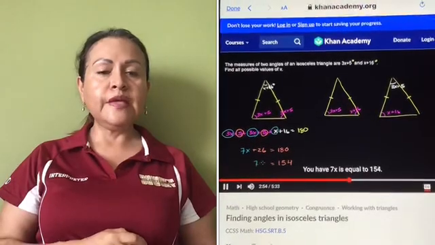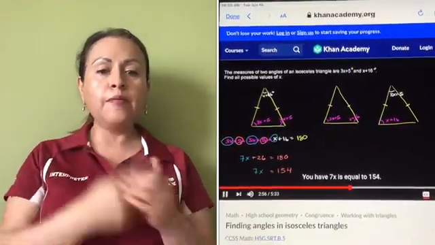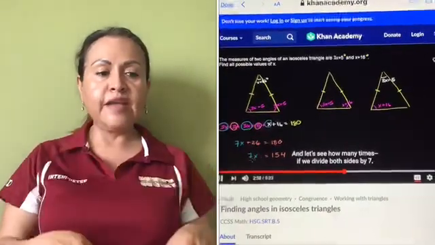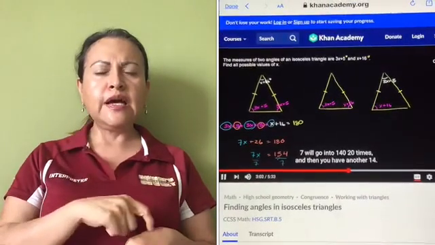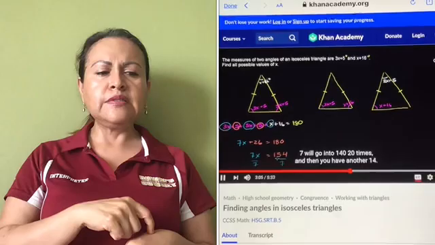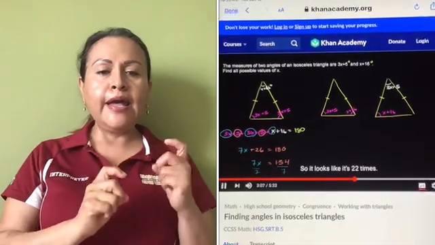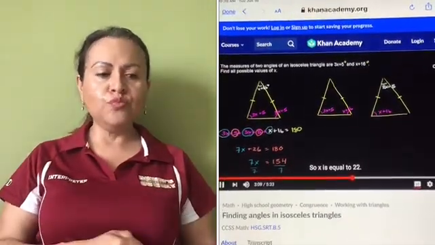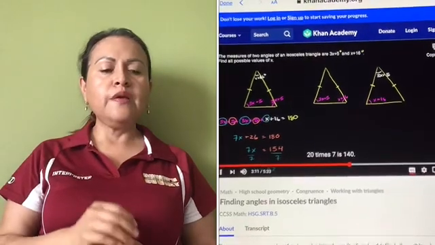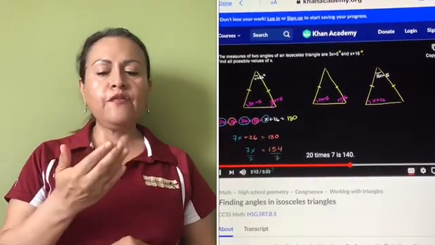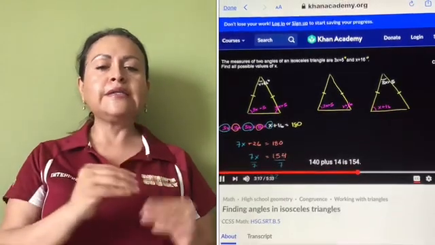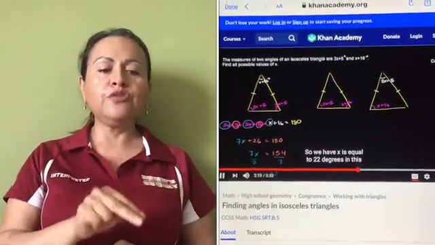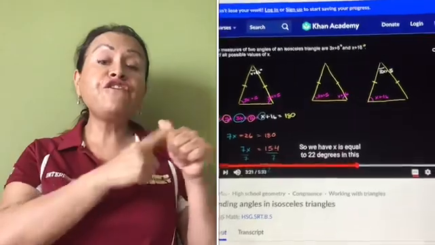And let's see, if we divide both sides by 7, 7 will go into 140 20 times, and then you have another 14, so it looks like it's 22 times. So x is equal to 22. Is that right? 20 times 7 is 140. 140 plus 14 is 154. So we have x is equal to 22 degrees in this first scenario.